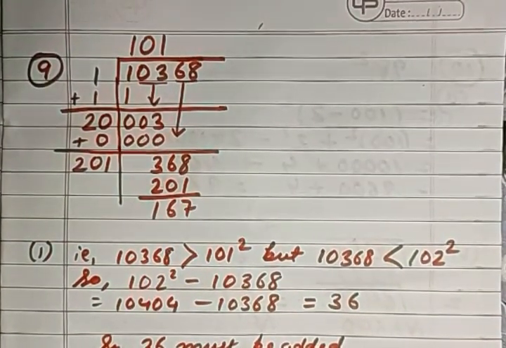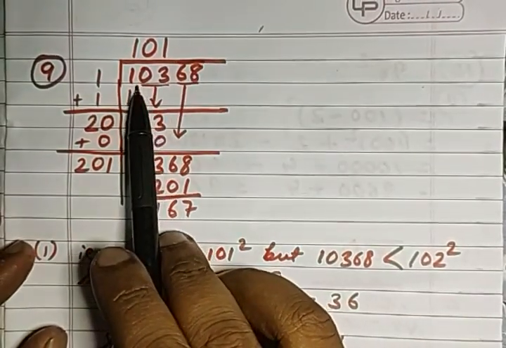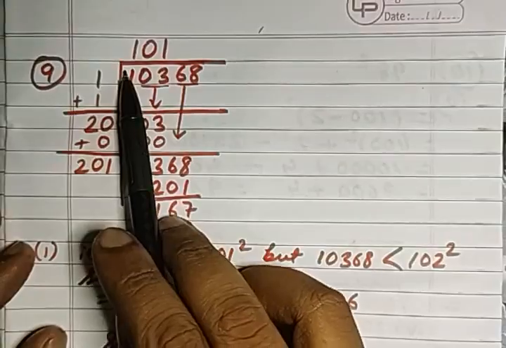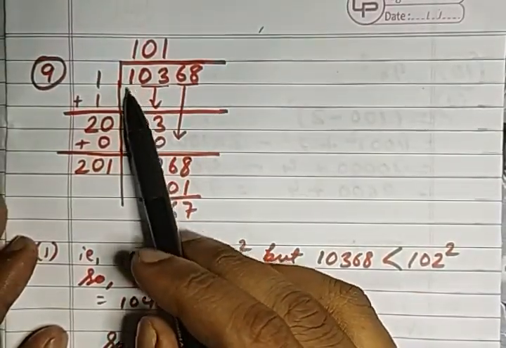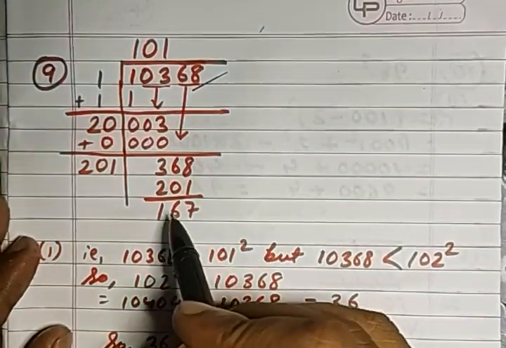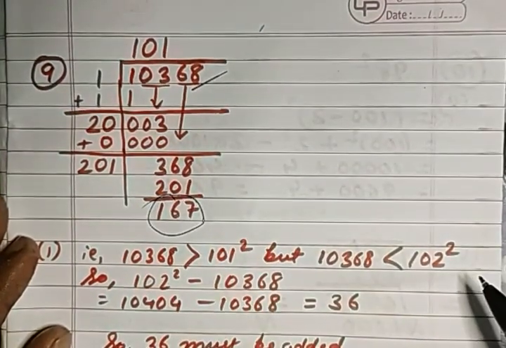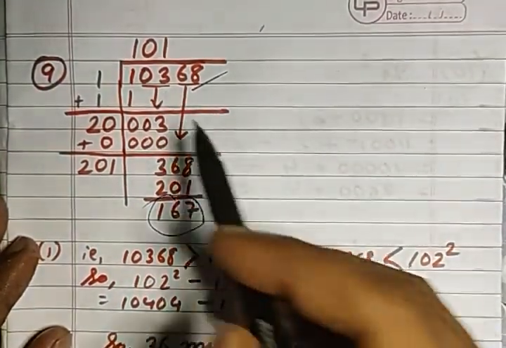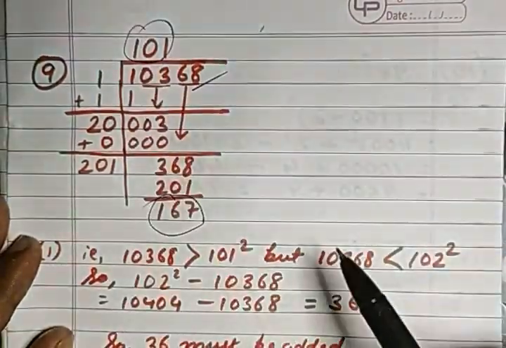So let's see. Here you can see the number 10368. I have tried to find out the square root of this, but since it is not a perfect square, I am getting the remainder as 167. But I got the number 101 over here.